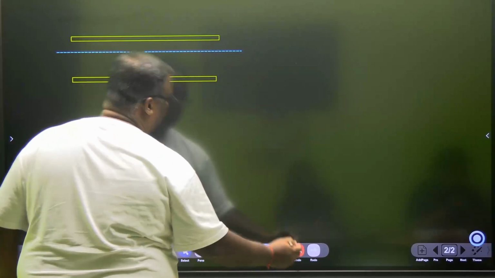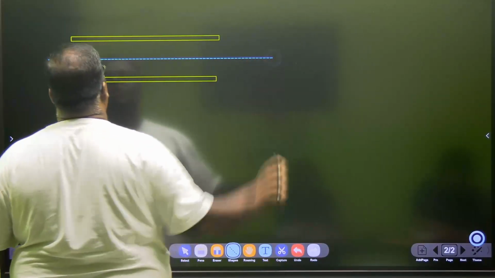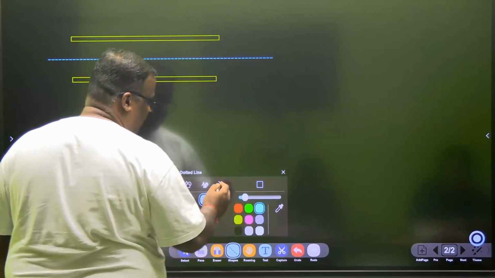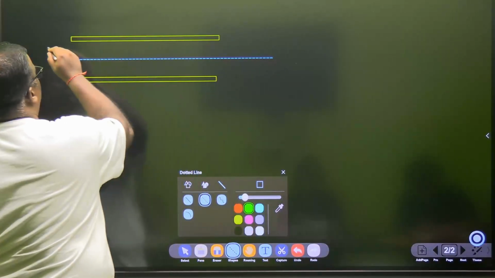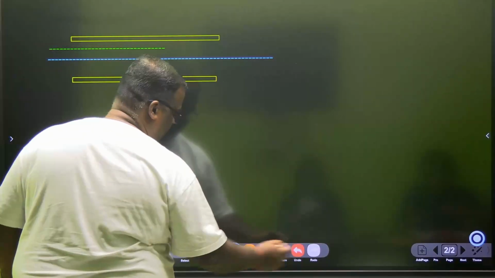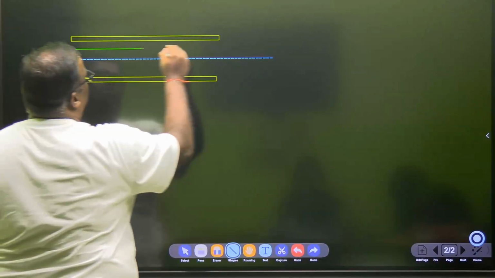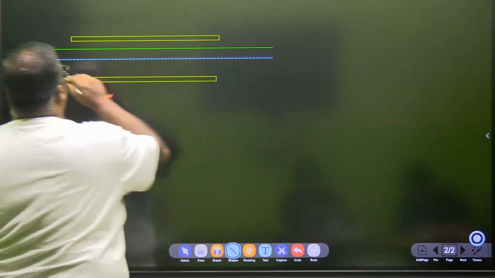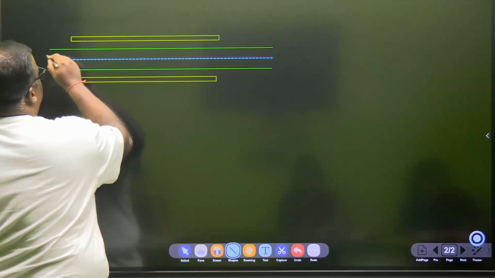Let's take the axis first. This is my axis. I want to find out the magnetic field at a point on the axis of a solenoid, so I need to draw the magnetic field lines. The magnetic field lines are always uniform and constant, so they will be parallel lines.